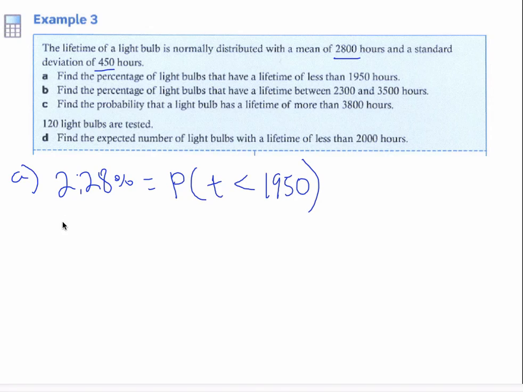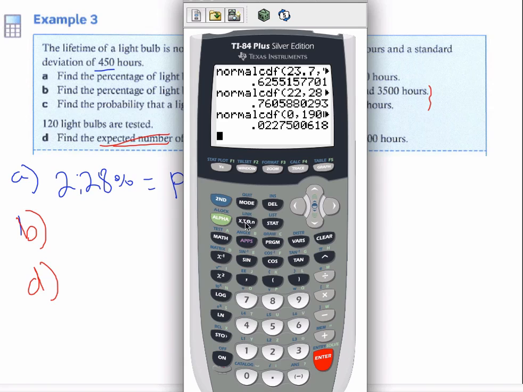Next, part B, find the probabilities between those hours. These are pretty much the same thing over and over again. I'm just going to show part D. So part D, find the expected number of light bulbs with a lifetime less than 2,000. So I'm going to use the same thing I did before. I'm going to change that value to 2,000.